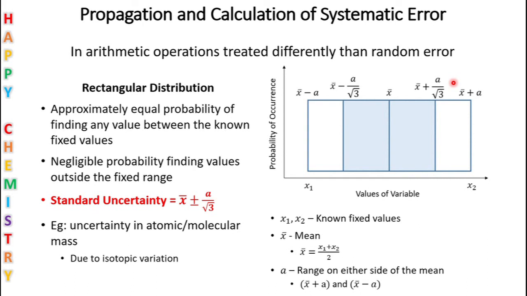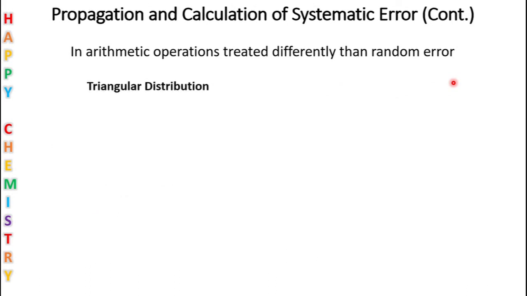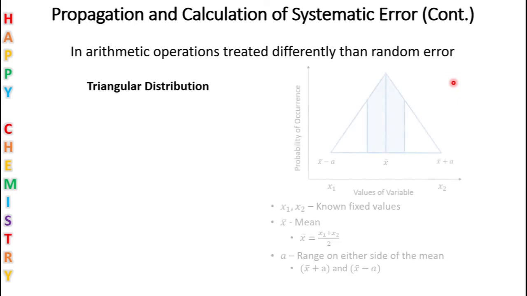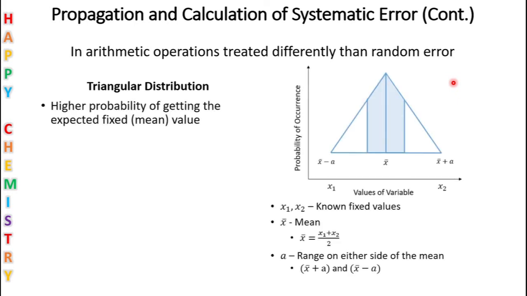The second example is a triangular distribution. Triangular distribution occurs when there is a higher probability of getting the expected fixed value. For example, x1 and x2 are the known fixed values. Any value between x1 and x2 can be obtained.